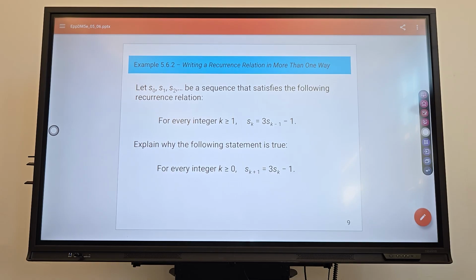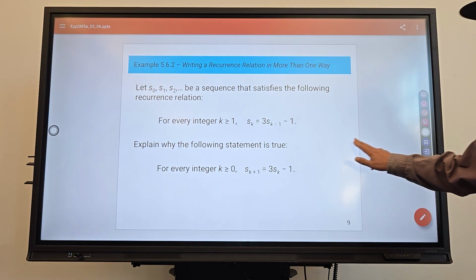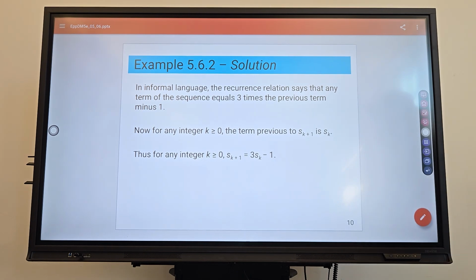Explain why the following statement is true. For every integer k greater than or equal to 0, S sub k plus 1 equals 3 S sub k minus 1. Well, in informal language, the recurrence relation says that any term of the sequence equals 3 times the previous term, minus 1.